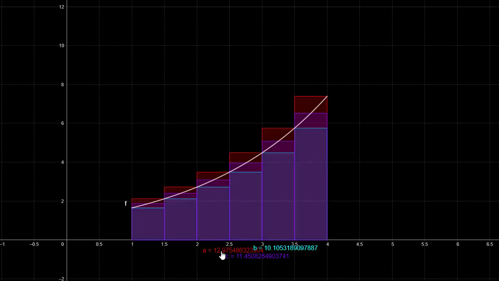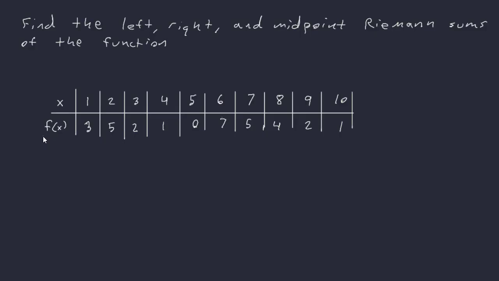So if we look at all three, okay, we could probably guess that the actual area beneath this curve is probably close to 11.5 or so. Right, it's definitely going to be between 10 and 12. All right, so let's look at this final example.